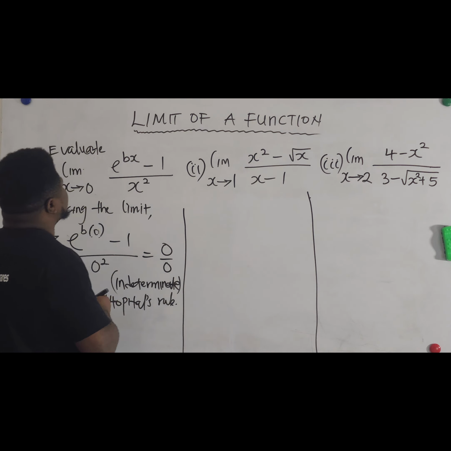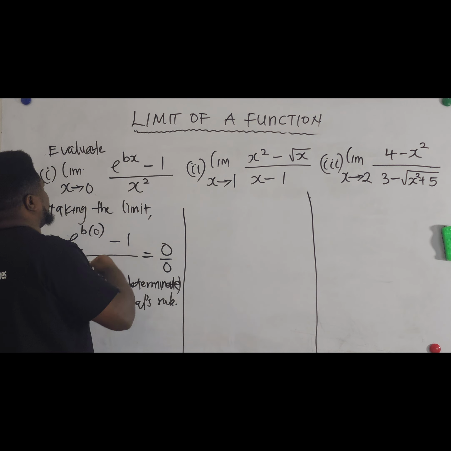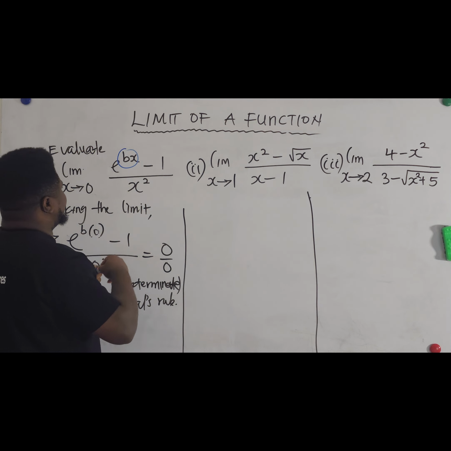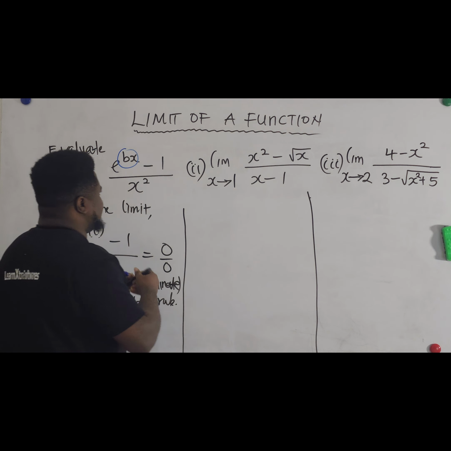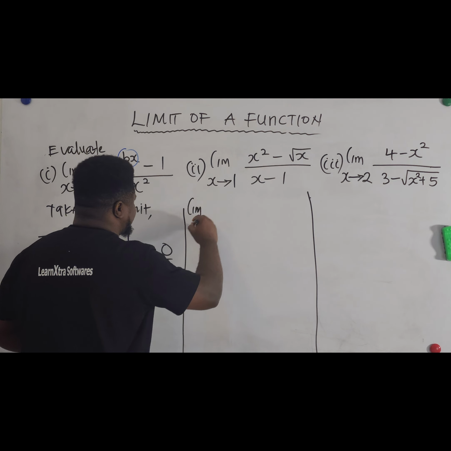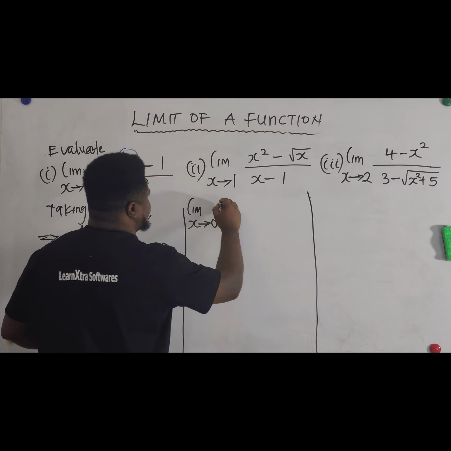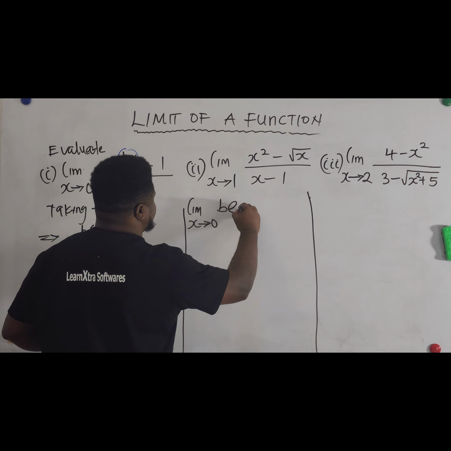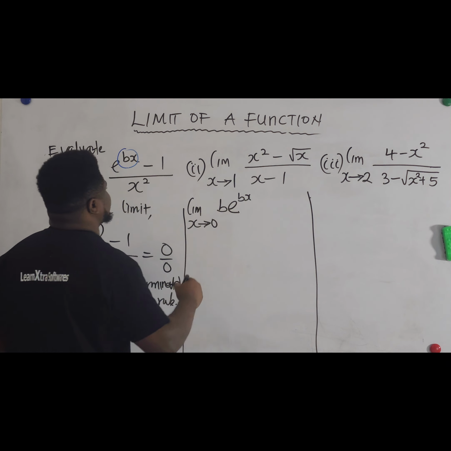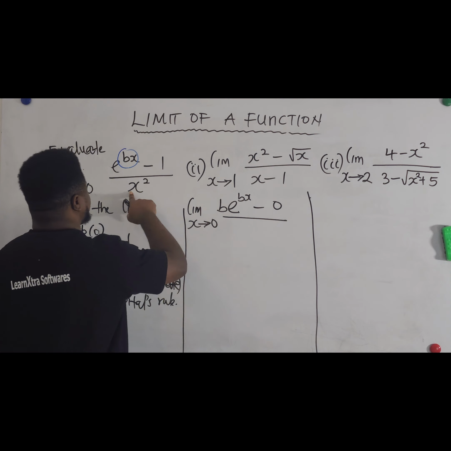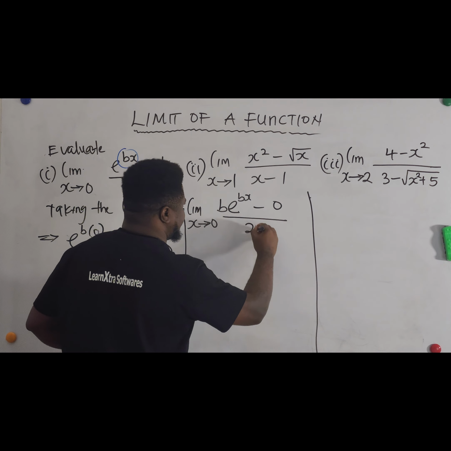So e to the power bx, because it's e, we differentiate the power. That will give us a new limit as x approaches 0 of b exponential bx minus 0, all over 2x.